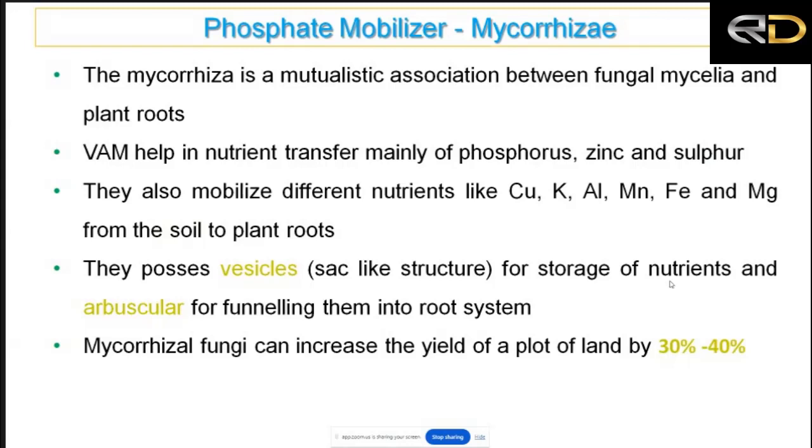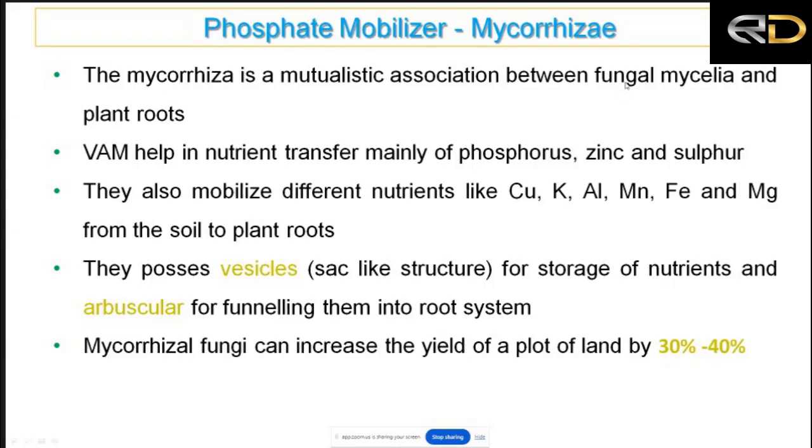In terms of phosphorus, I have just told you that it is highly immobile. It is not only fixed but also immobile. So if phosphorus is present somewhere far away, the plants will not be able to take it up from that far place. They need some extension, and in order to extend, they need some association. This association is done by the group of mycorrhizae. Mycorrhiza is a fungus.